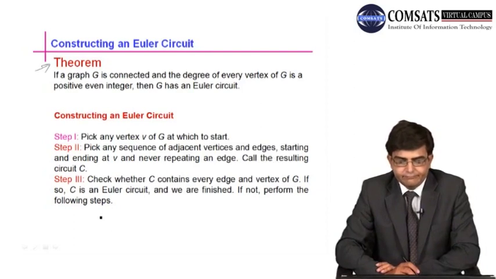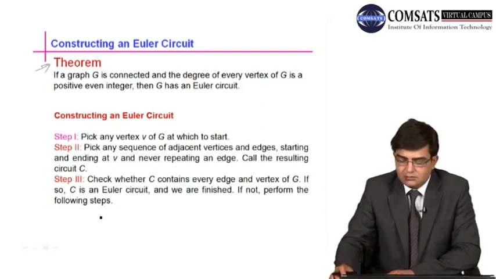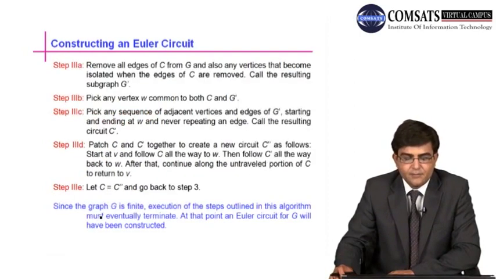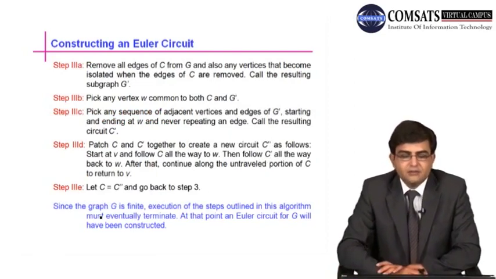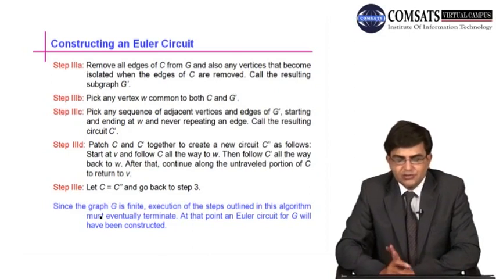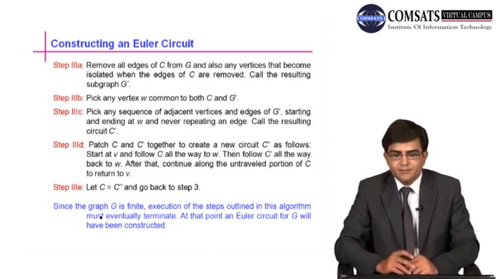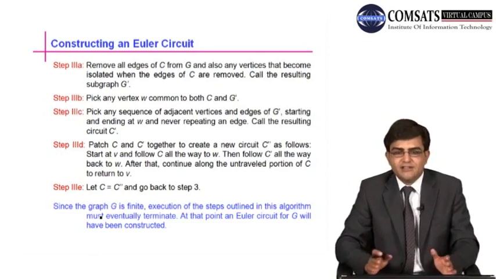If this is not the case, then what do we do? We perform the following steps, which are the sub parts of step 3. Step 3A is: remove all edges of C from G. That is, imagine that we have removed all the edges of C from G, and also any vertices that become isolated when the edges of C are removed.